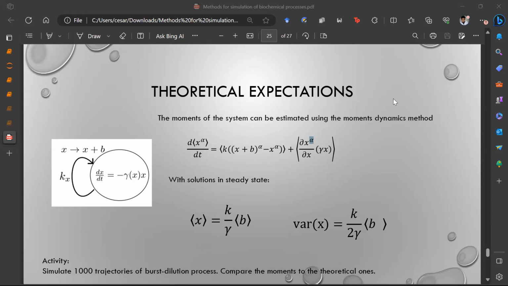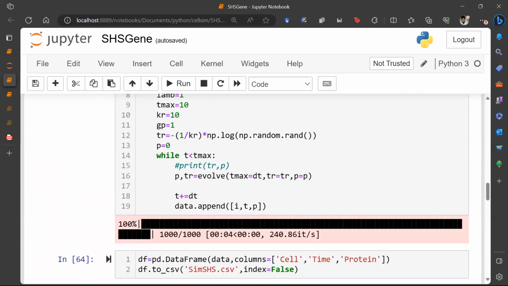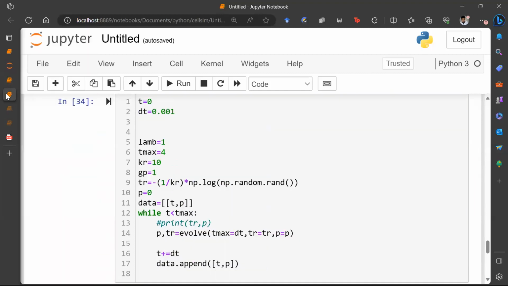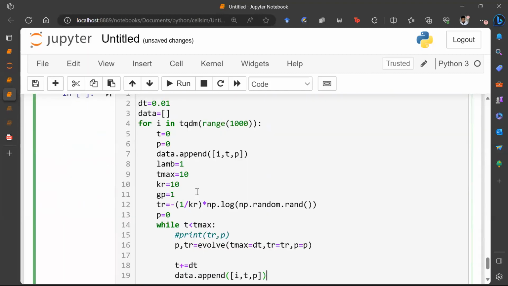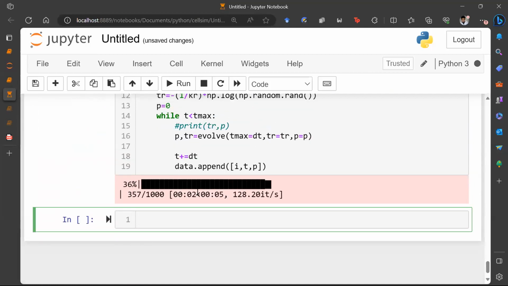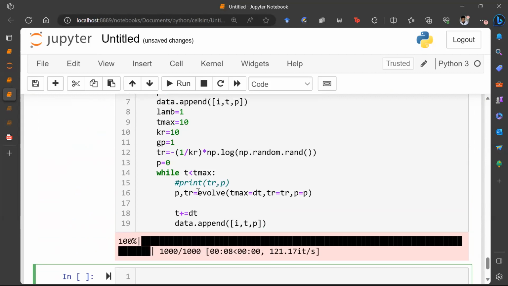Okay, so quickly, I'm going to estimate, do it for 1,000 cells. You can see this took already 8 minutes compared to the other.